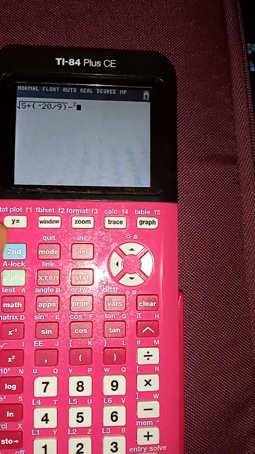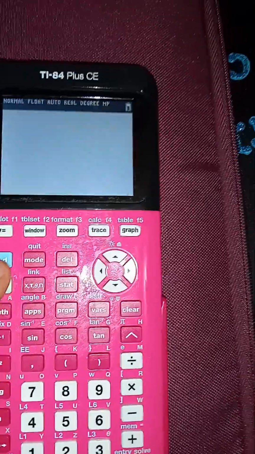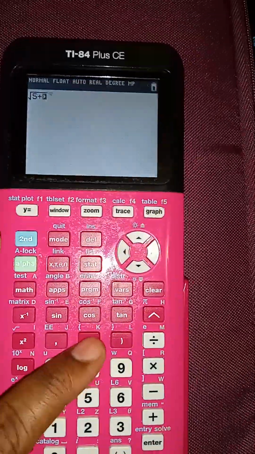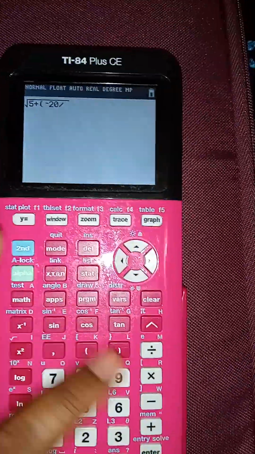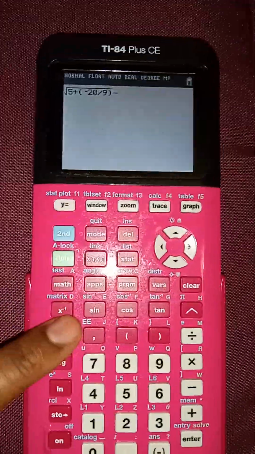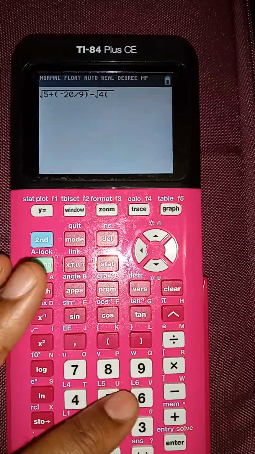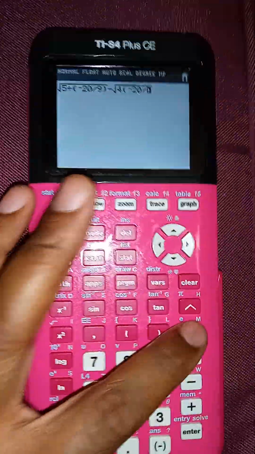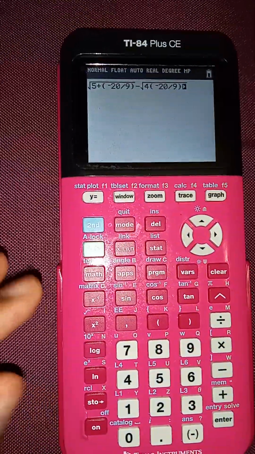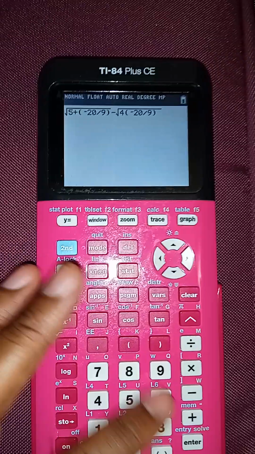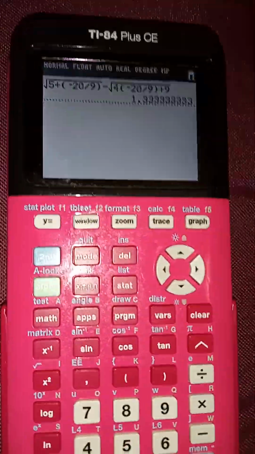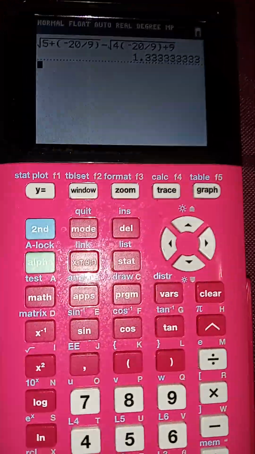That should be the square root of 4. Let's backspace it here. So square root of 5 plus negative 20 over 9, and then minus square root of 4 times negative 20 over 9, and then plus 9. And you see how it is equivalent to 1.3 repeating.